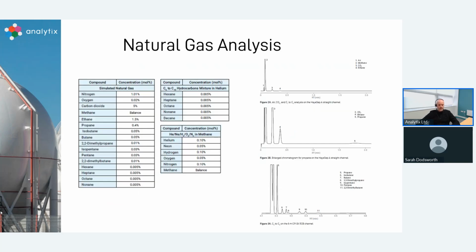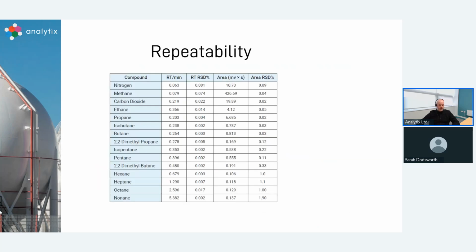In terms of reproducibility, again, we can expect something similar to this in terms of the concentration. As you can see, very low concentrations, but also in terms of reproducibility, retention time, and area, very, very good over 10 replicates.